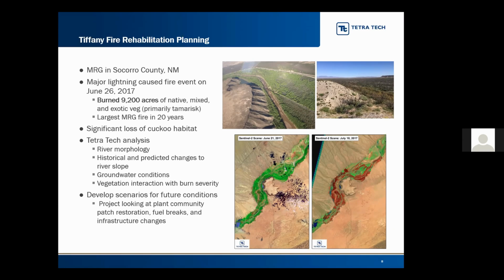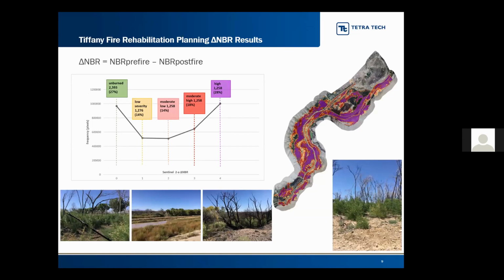And then about a month later, in July, that is a post-fire scene. So that just demonstrates the time-sensitive nature of the system. We can get in there every 10 days, assuming there's not a lot of cloud cover. We can get in there and get a good picture of what's happening. So those are the two scenes we selected to perform the difference NBR raster analysis on this.